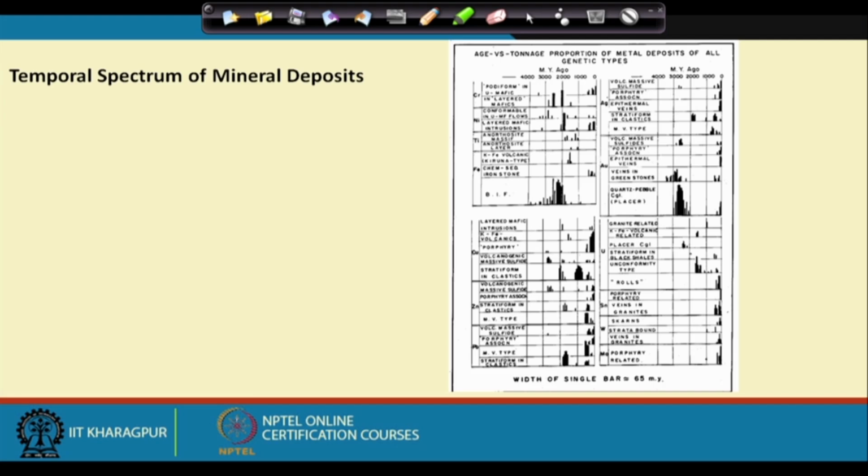It needed several cycles of such enrichment through normal rock forming or rock recycling processes to form their deposits. There are many such observations we could make on this temporal spectrum, but these are some of the quick ones, which we will discuss in detail when we go to the individual genetic types.